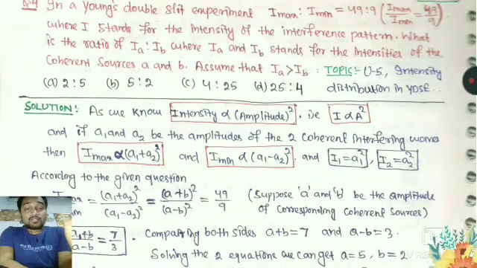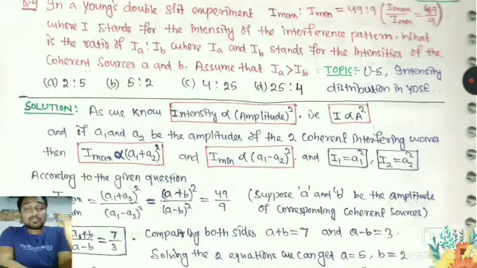See here, the ratio is a type of square over square, so we can calculate Imax is to Imin is (a1 plus a2) square divided by (a1 minus a2) square. But here the two amplitudes are not a1 and a2; the two amplitudes given are a and b.